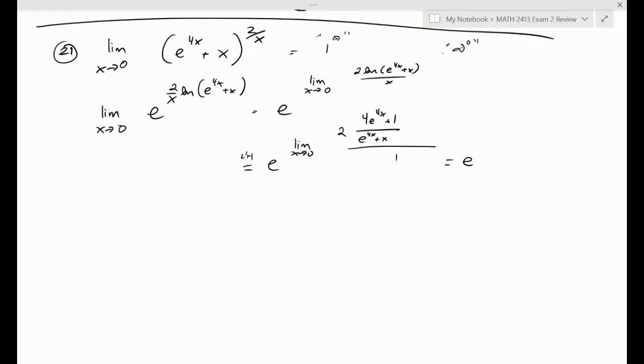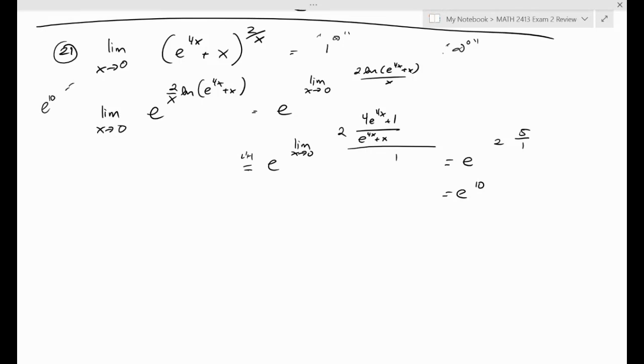Right, so as x goes to 0, the numerator goes to 5. The denominator goes to 1. Which, yeah, I don't know when it just happened. Yeah, e to the 10.